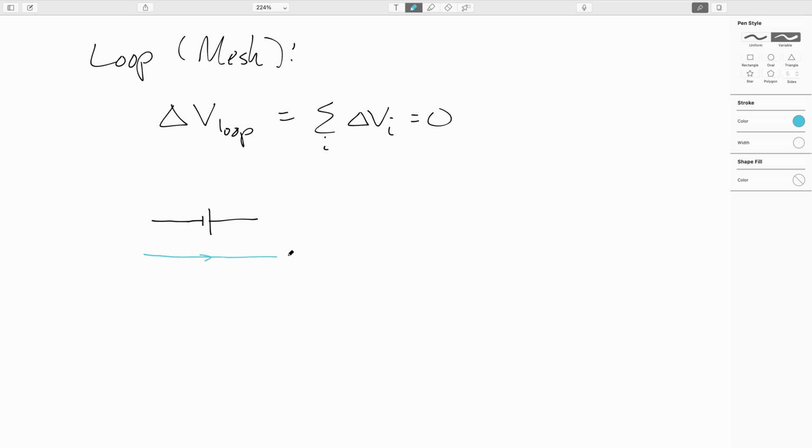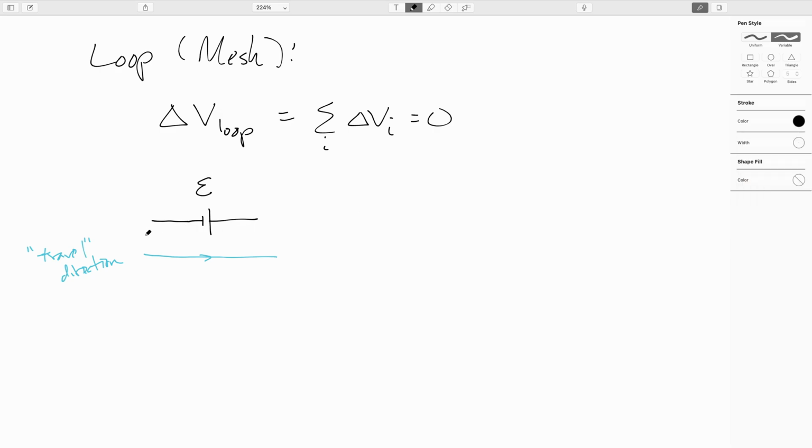So this is just the direction that I'm traveling as I'm metaphorically walking my dog around the loop. This doesn't have anything to do with which way the electric current is actually flowing. This is just how I'm going around the loop. So here, if I get to a battery, so I'll have an EMF source here.